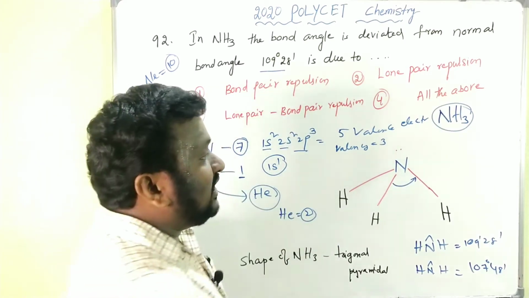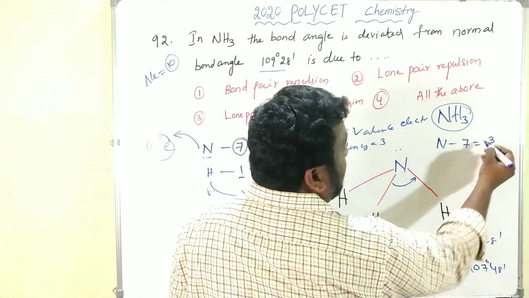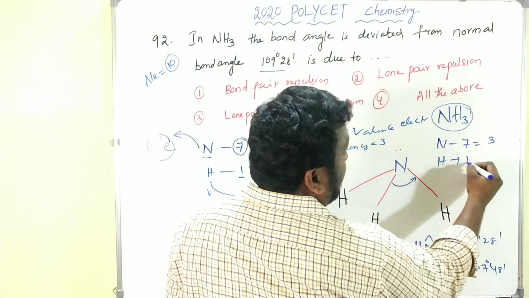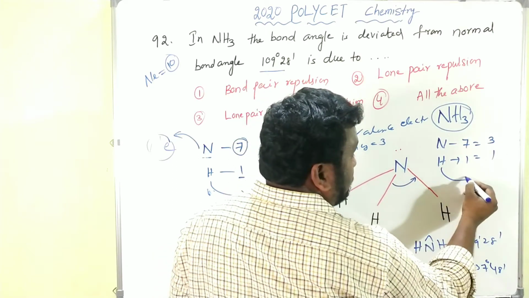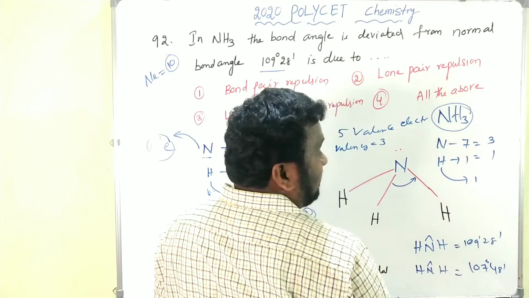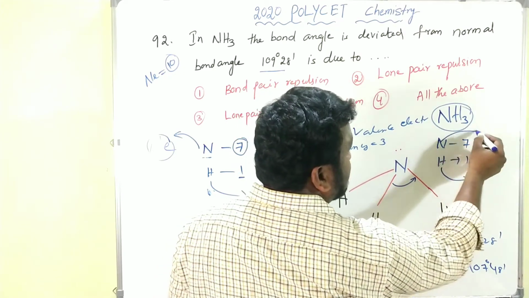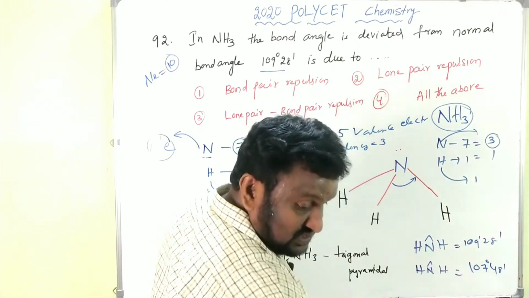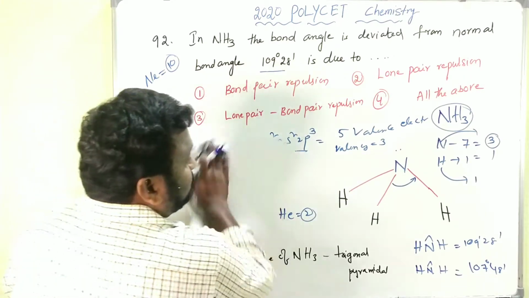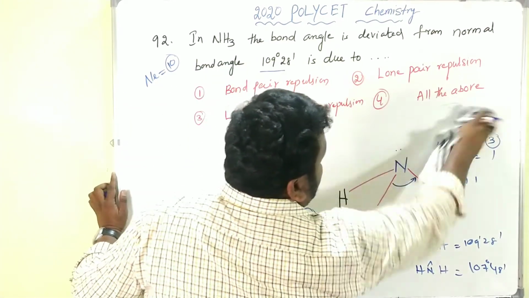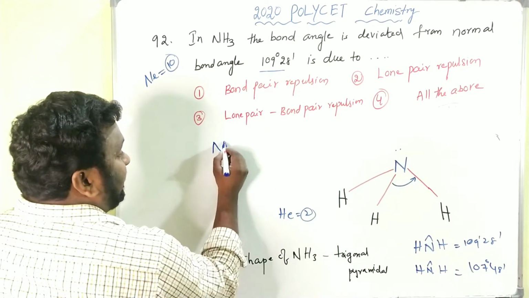That's why in NH3, N consists of 7 electrons and requires 3, and hydrogen has 1 and requires 1. So each hydrogen donates 1 electron, and nitrogen gives 3. To understand the NH3 formation, I am drawing it here. Here is N, nitrogen.